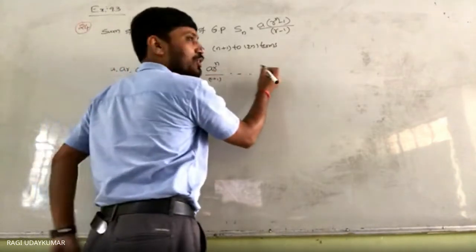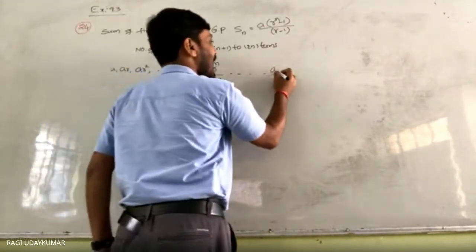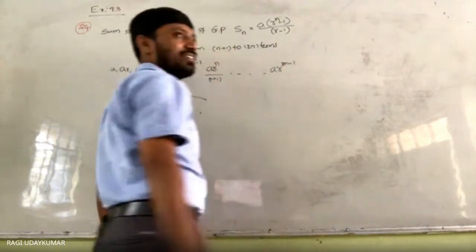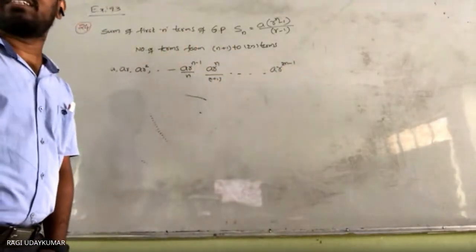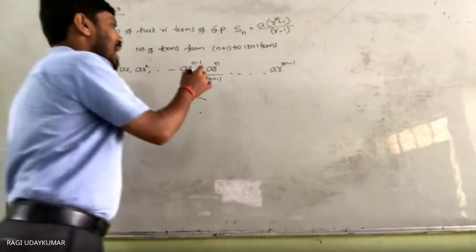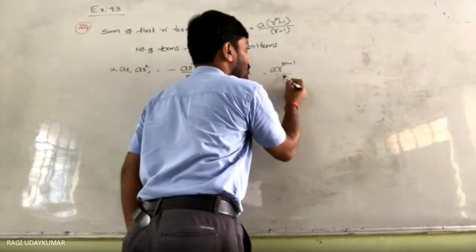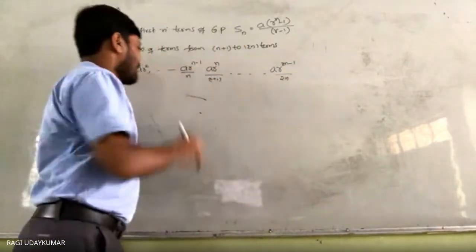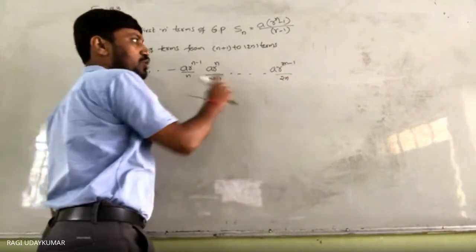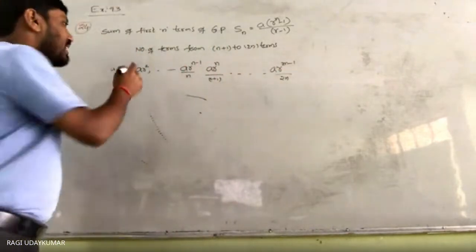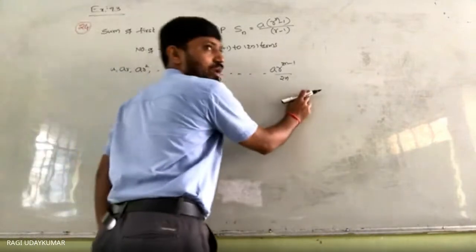If you go on continuing like this, AR to the power of 2n minus 1. This is the last term, the 2nth term. So here to here n terms, here to here 2n terms.